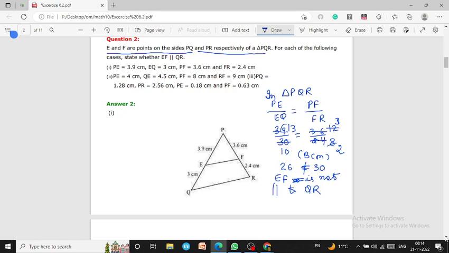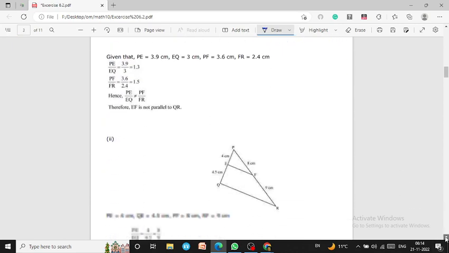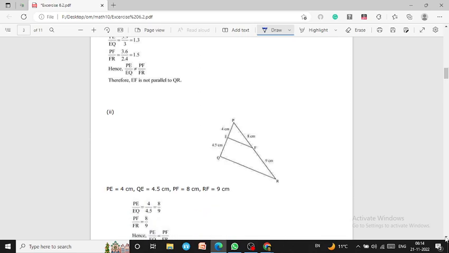And in the next question, next point, we have given PE 4. In triangle PQR, PE over EQ is equal to PF over FR.